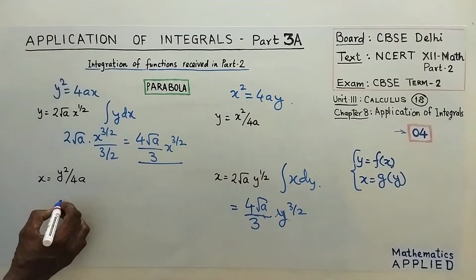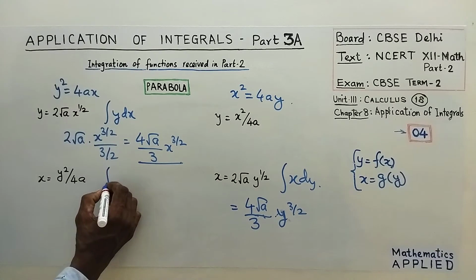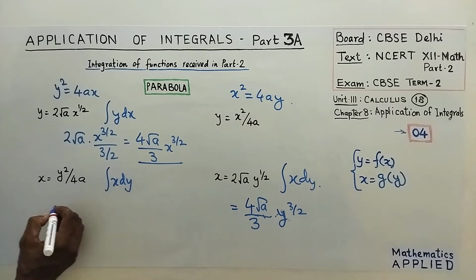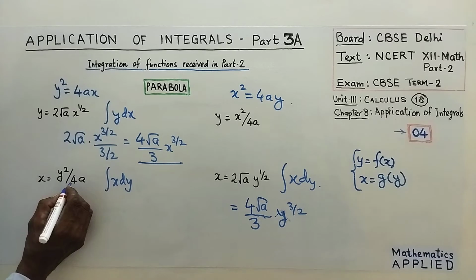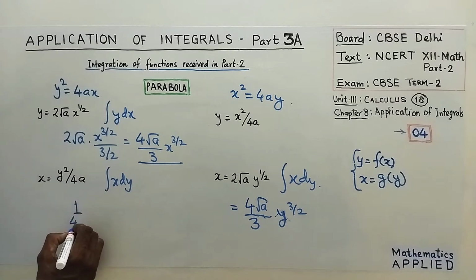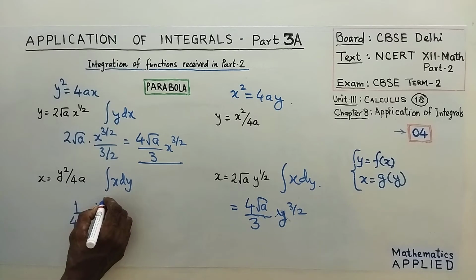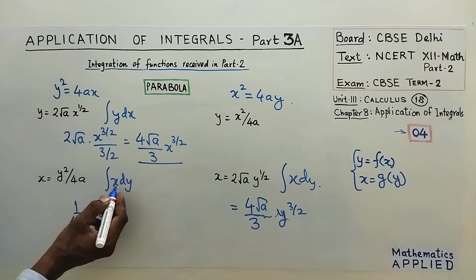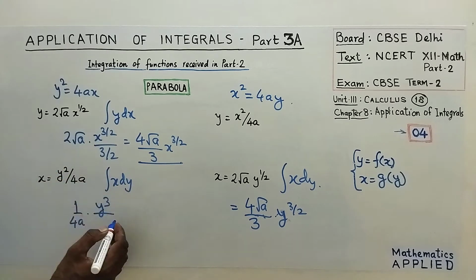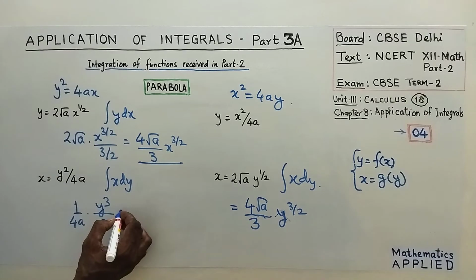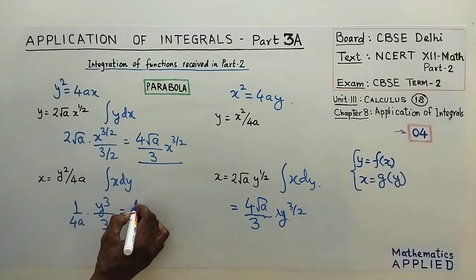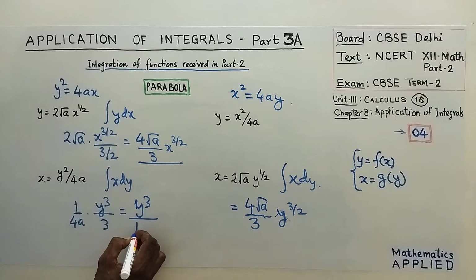Here the integral of x dy is going to give me 1 by 4a, that is a constant, which comes out, and again I am using the same formula, y power n, so y power 2 becomes y power 3 by 3, so ultimately that is y cube by 12a.